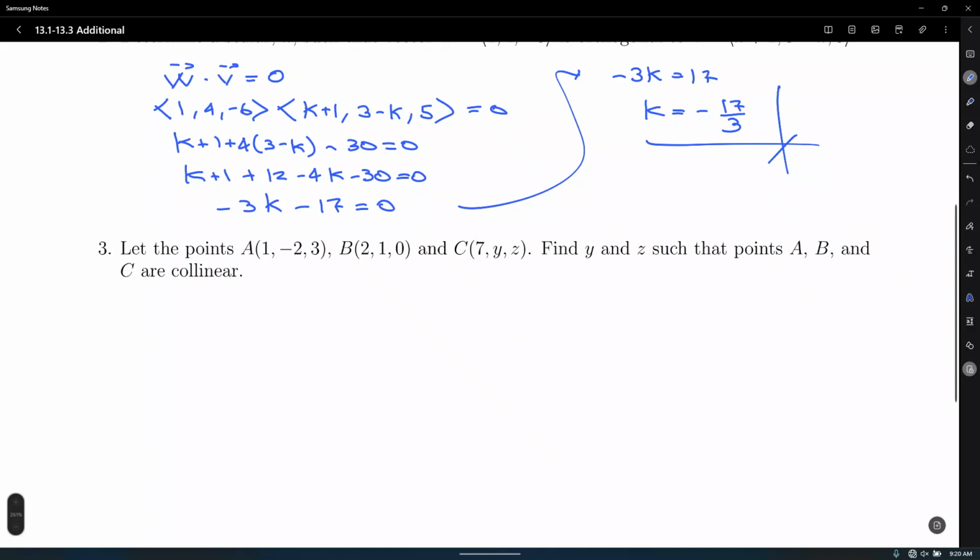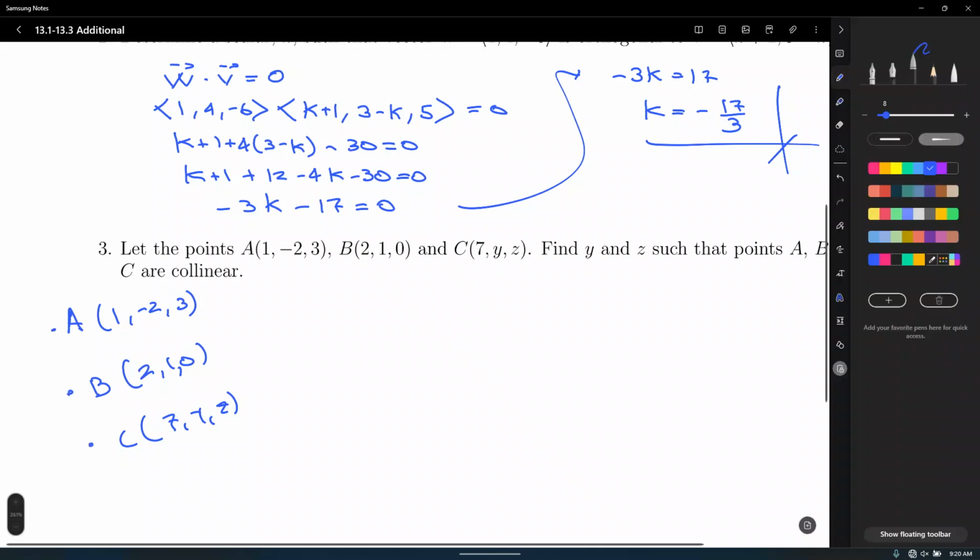So that means, say, A, which is 1, negative 2, 3, B, which is 2, 1, 0, and C, which is 7, y, z. So these are 3 points that are collinear.